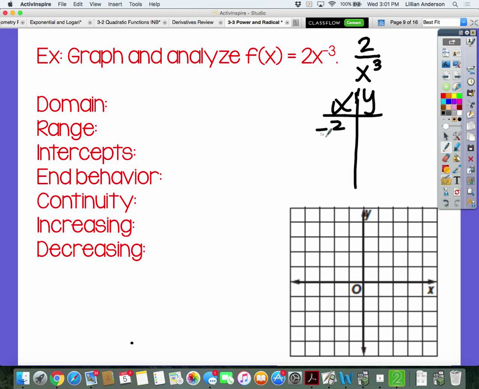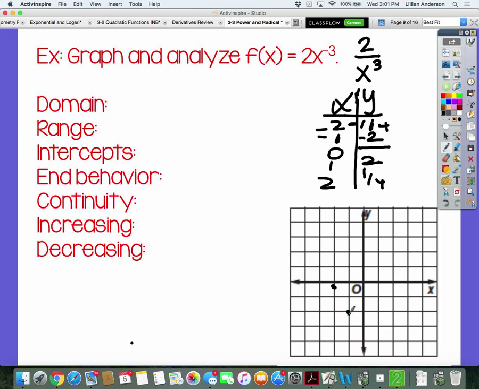What values did you have, though? Negative 1 over 4? Negative 2? Undefined at 0, and then 1 over 4.